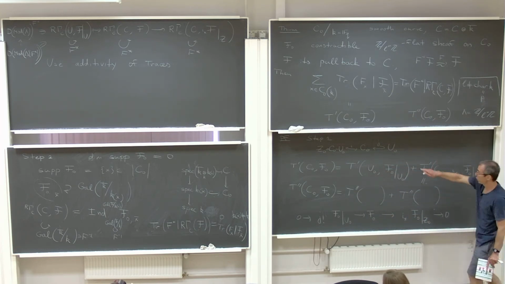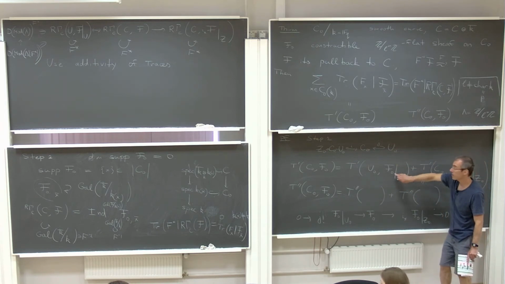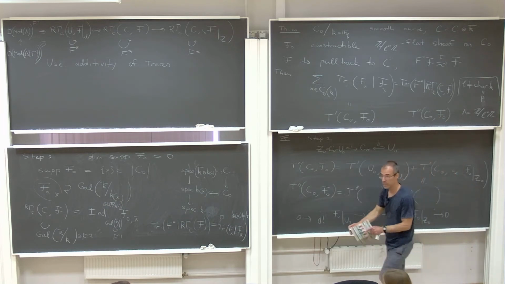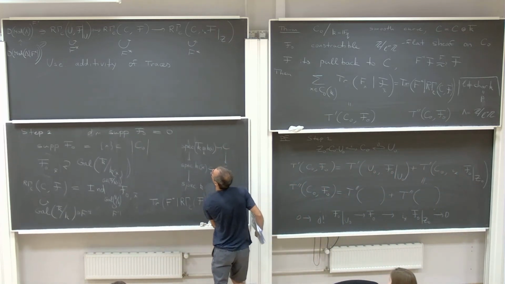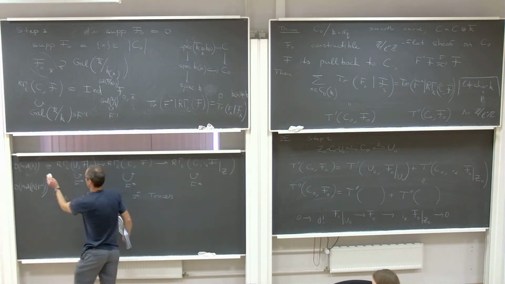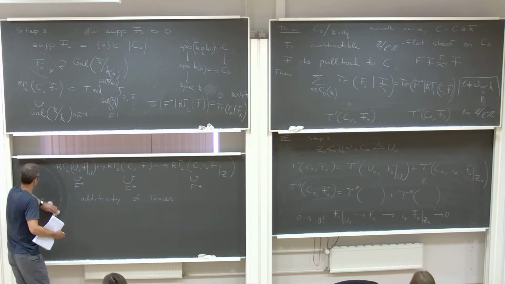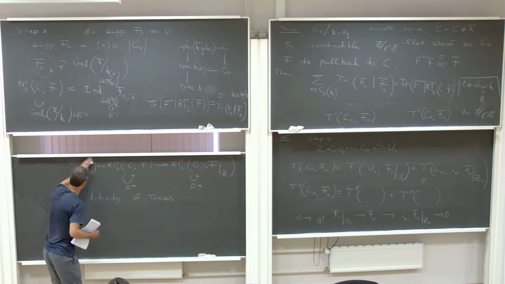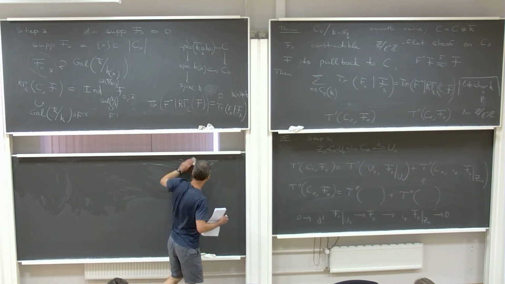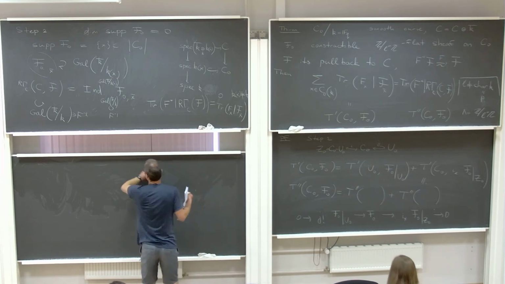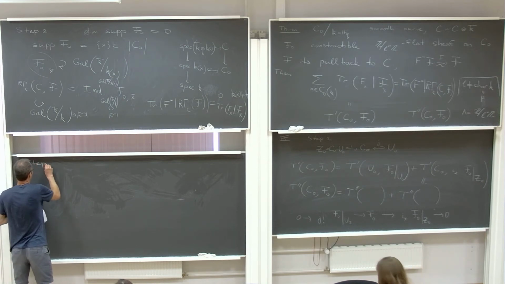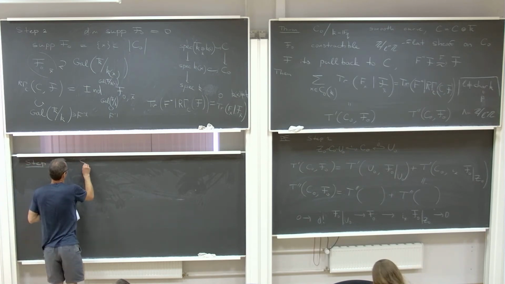So I can choose U0 so small now that this is a local system. So we already reduced to the case of a local system. Step 3, which is really the key step: we are in the following situation.